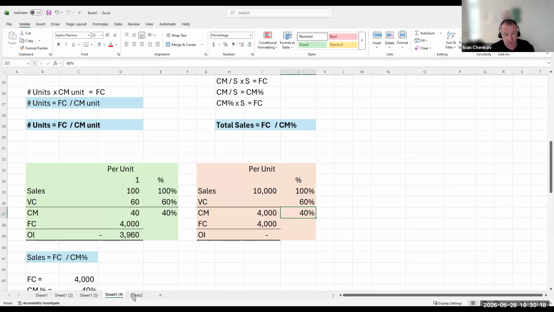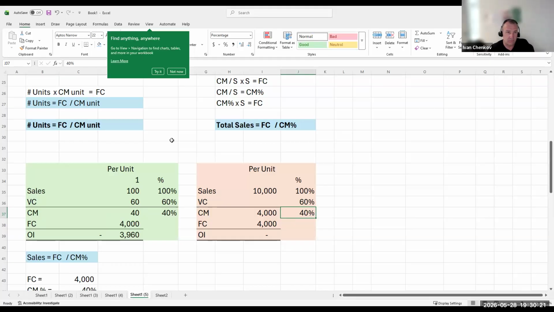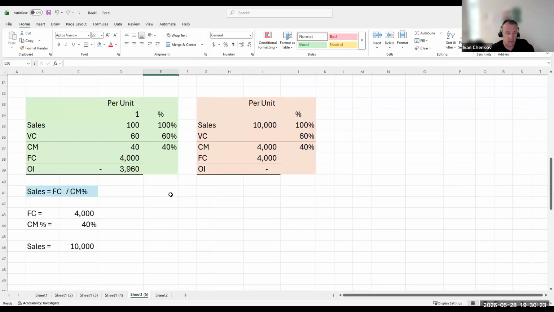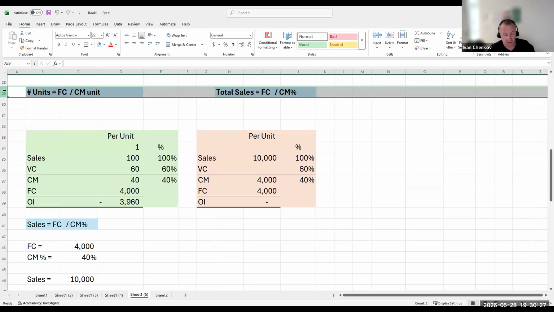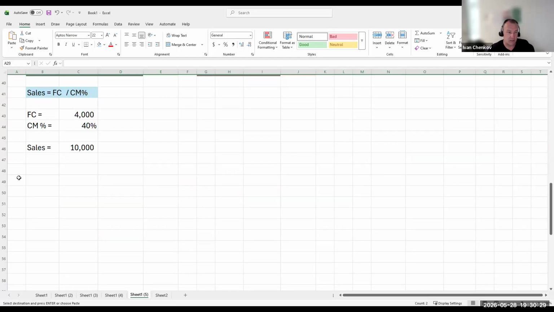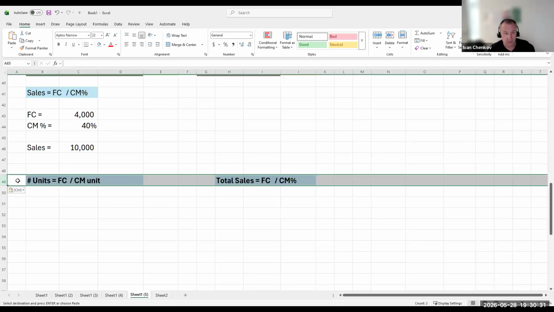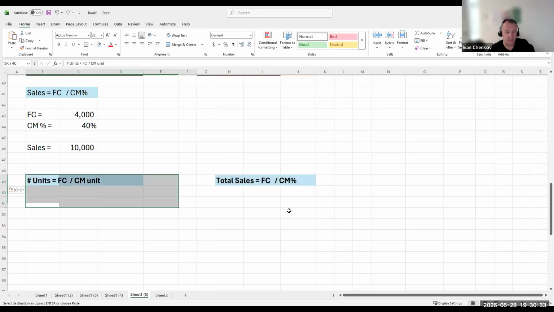Now, once we start running our business, we're going to find out that these are the things that we're going to need to achieve to come to the break-even point: number of units and total sales.